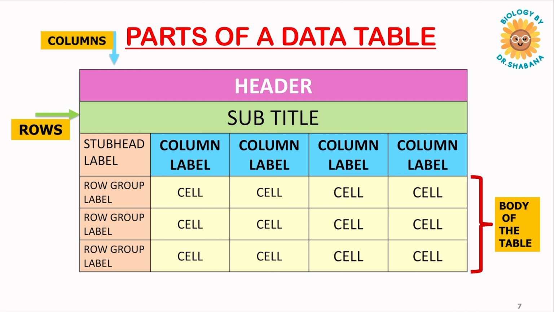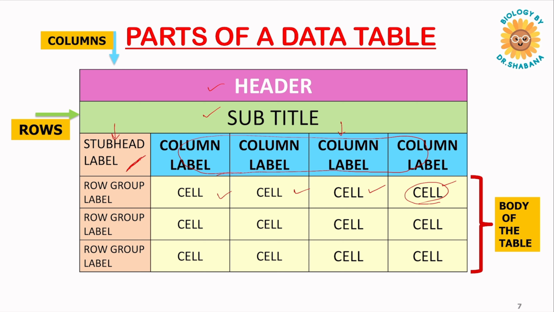After that, we can have separate headings for the first column and the rest of the columns, depending on the experiment. Now the data is written. So this first column, we'll see what comes where and why we have kept them separate. Whatever numbers, results, or data I'm given, I'm going to put them down in these spaces here, and each of them is termed a cell.